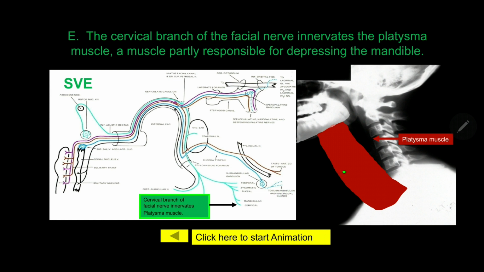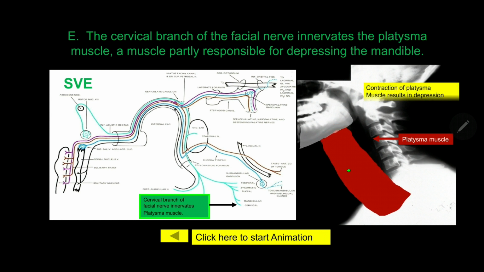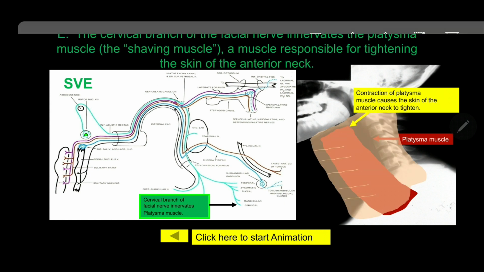What it is doing, now look here, it is pulling the mandible down. It is an accessory muscle for depression of the mandible. There are big muscles also which pull the mandible down in opening the mouth. Remember which main muscle of mastication? Yes, it is lateral pterygoid. Very good. So it will depress the mandible. Okay.